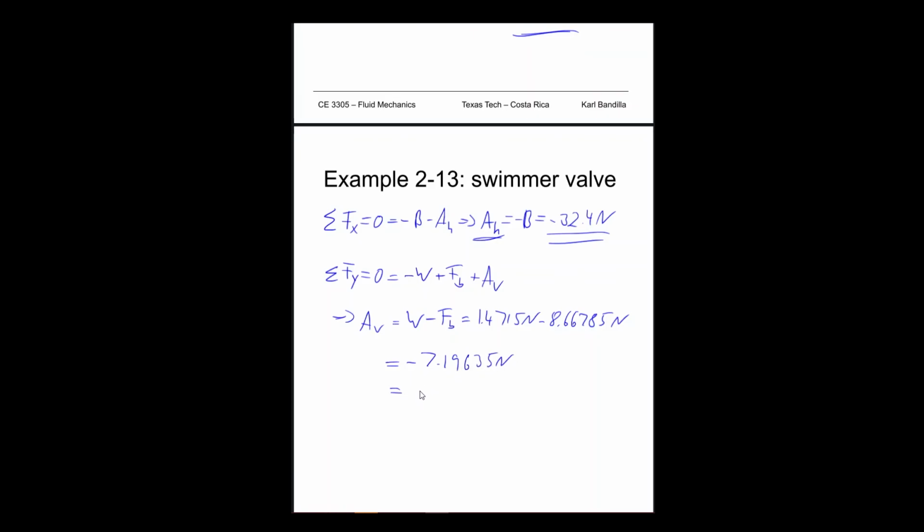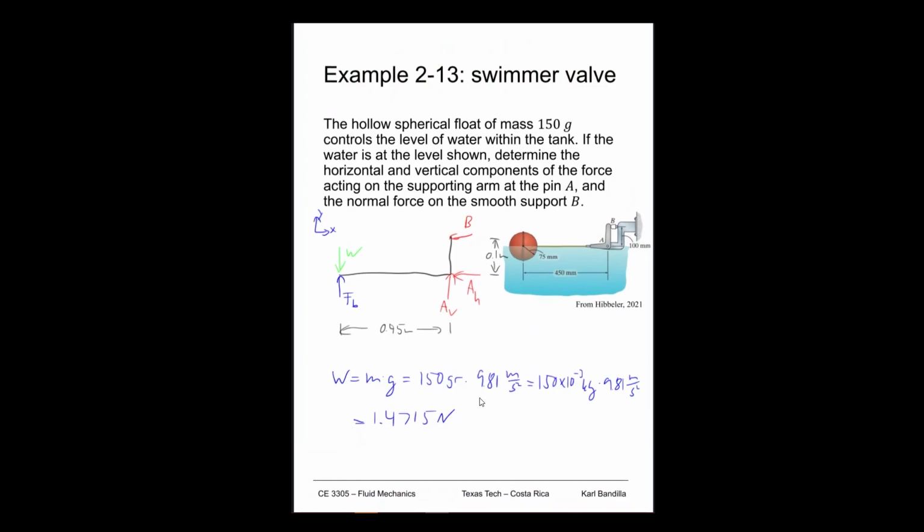If we round it, we get 7.20 newtons. So it also is pointing in the other direction than we have it. We're saying it's pointing upward, but it really should be pointing downward. With that, we have our three support reactions, and we're done with this problem.